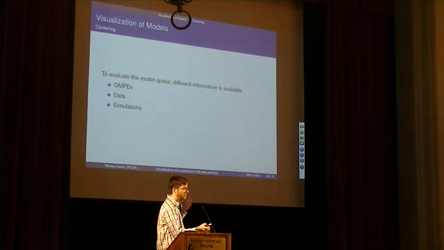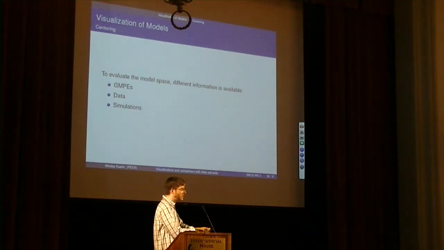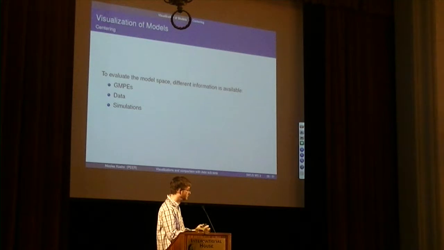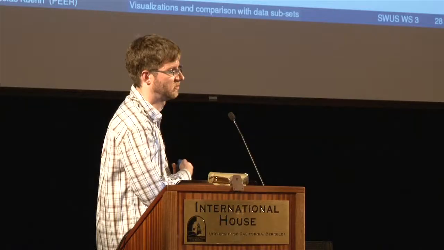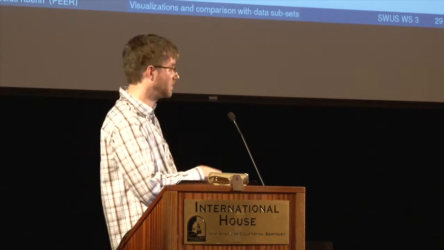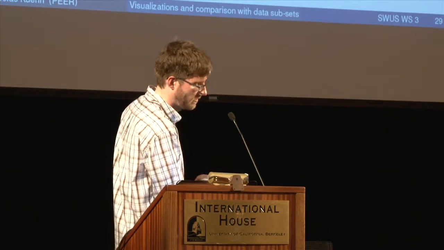There's data from the NGA data set, or maybe from other data sets in the same range that we used to create our functional form. And then we can evaluate each new model against the data, and see, okay, is it biased high, is it biased low, how does it look? And we have simulations. We can plot the simulations on the same map and see where the simulations fall. I'm going through all of that in the next slides.